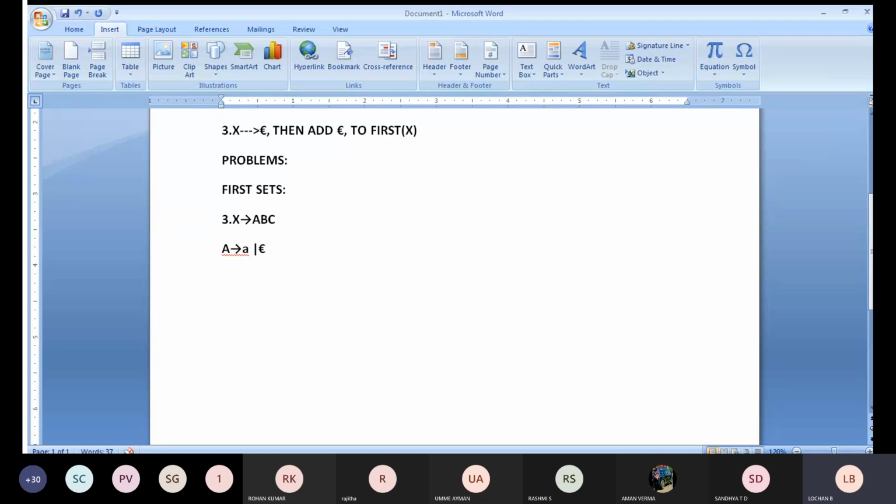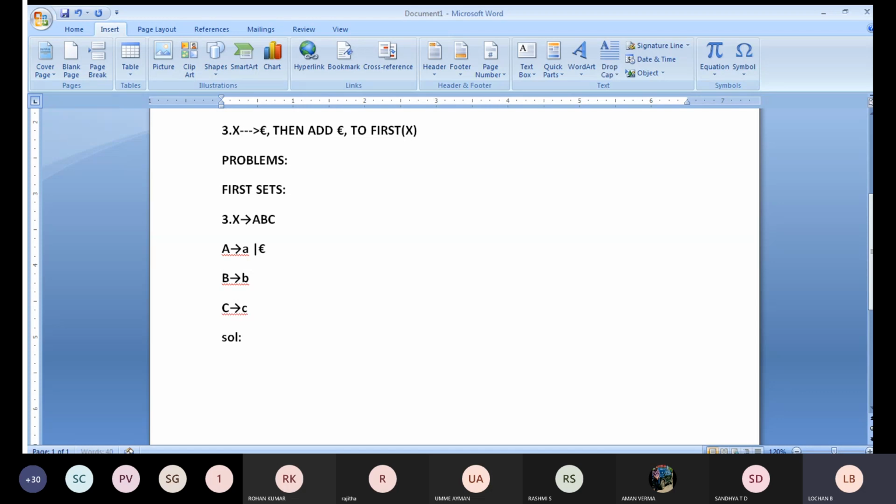So now I am going to continue my B production. B implies only small b. C also is there. X implies capital ABC, and C implies small c. Don't write anything.